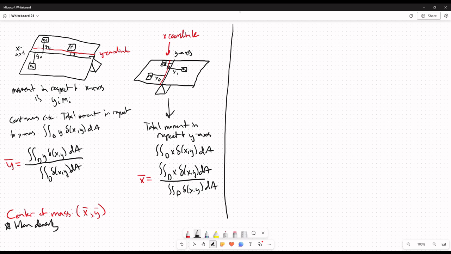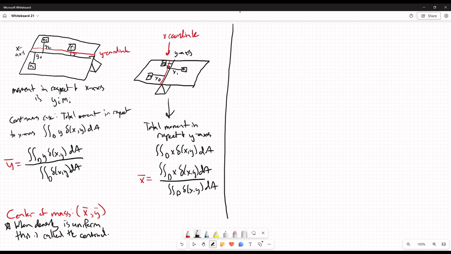Again, we're talking about the continuous case here, where we don't just have a whole bunch of weights, we actually have a density varying along this region. When that density is uniform, this center of mass is called the centroid.